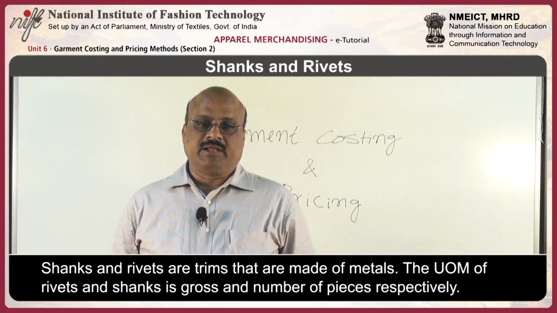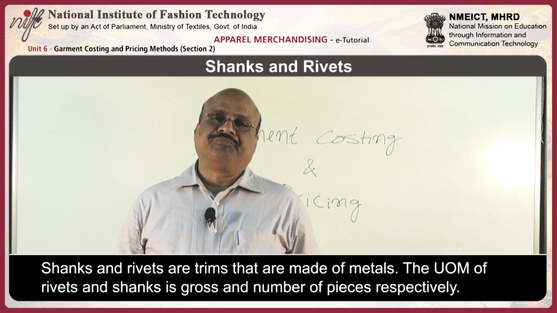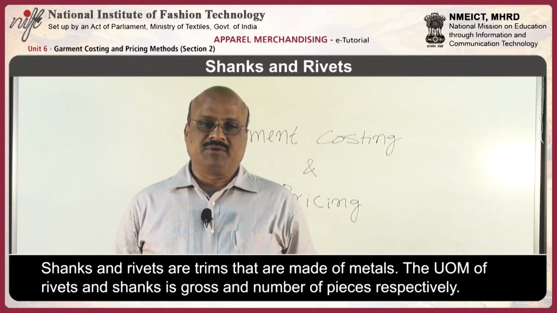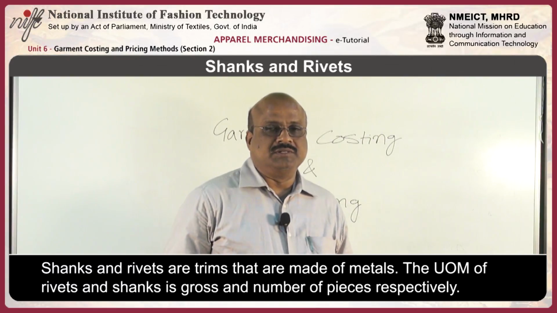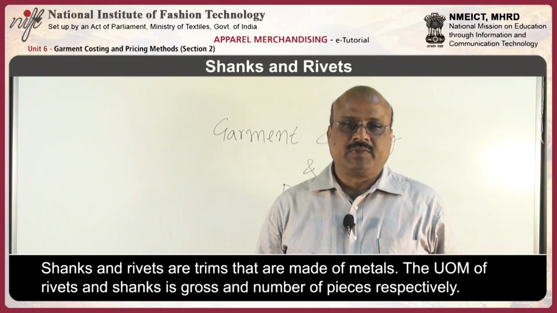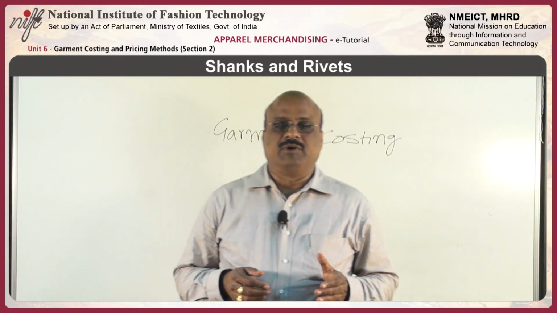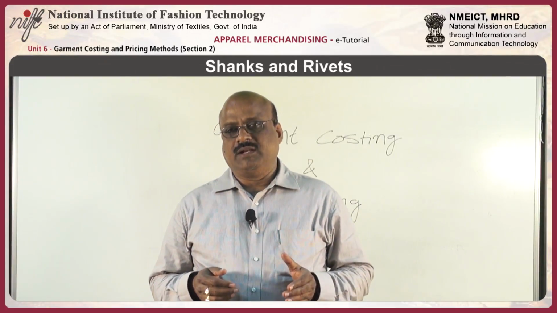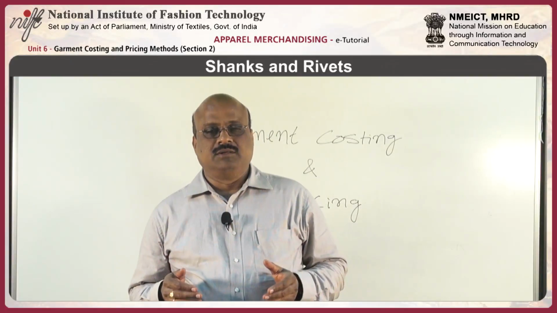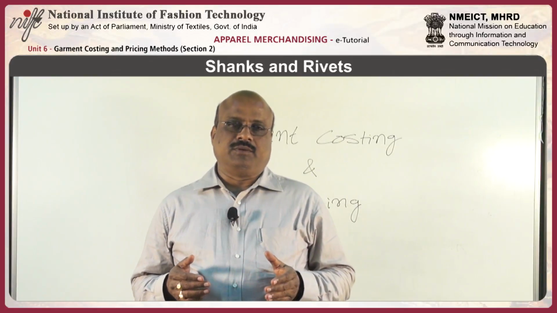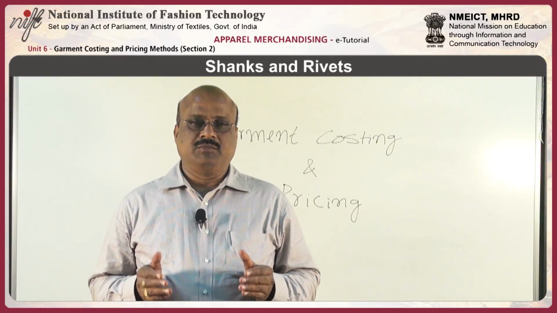Rivets may sometimes be measured in terms of number of pieces, but shanks are most of the time measured in gross. The cost of shanks and rivets is also dependent upon minimum order quantity, so the exact expense paid for these can be influenced by minimum order quantity.